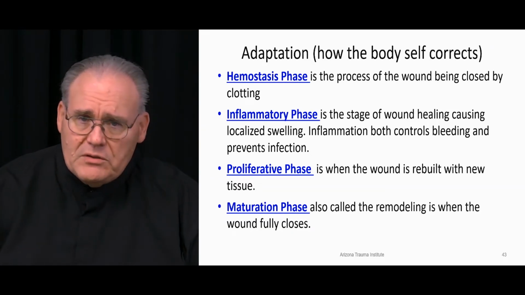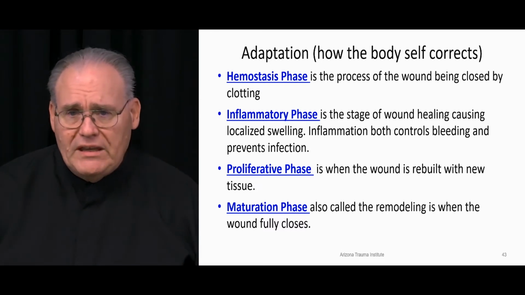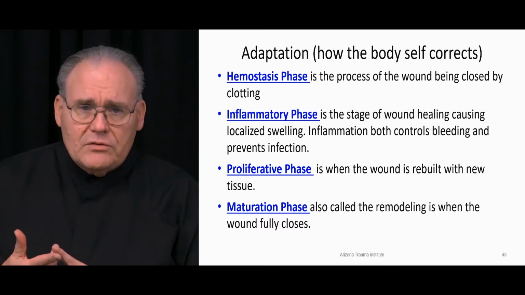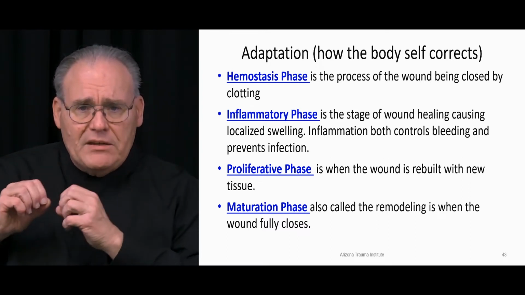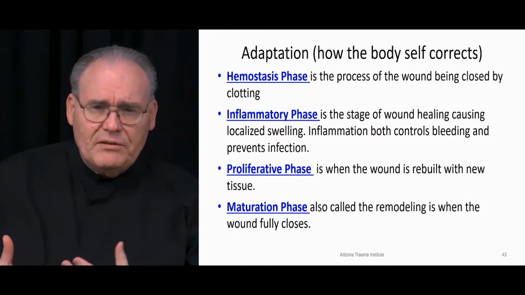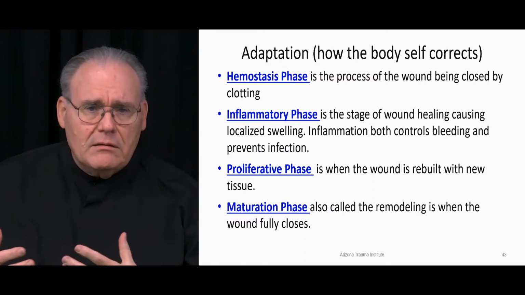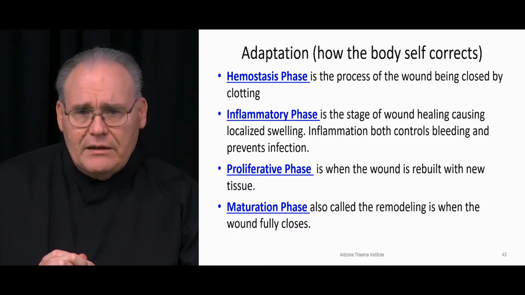We go through the hemostasis process, which is we bleed, then the inflammatory phase, which is the wound creating localized swelling. Endogenous inflammation chemicals go to that area and it gets inflamed, and that's to speed healing really and to prevent infection in that area.